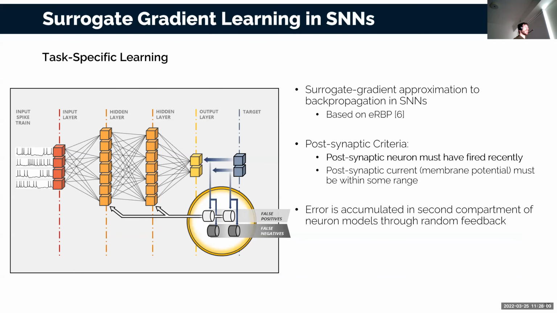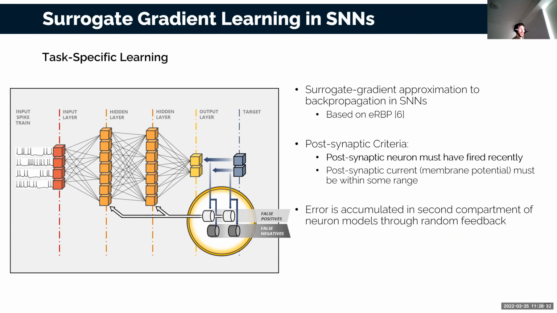So I'll talk a little bit about the surrogate gradient learning. The way you learn a specific task or mimic backpropagation is through something proposed by another group called event-driven random backpropagation. The idea is that we can mimic backpropagation in the brain, but there are two issues.